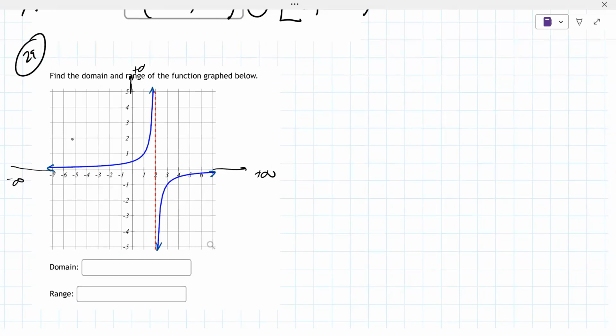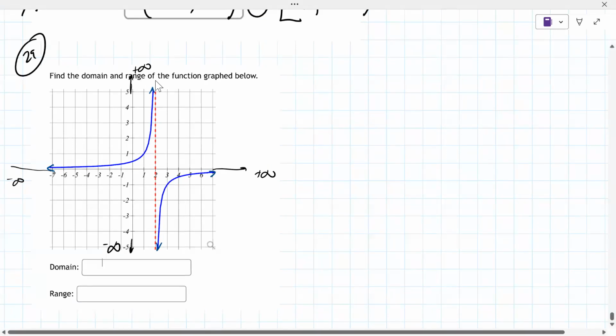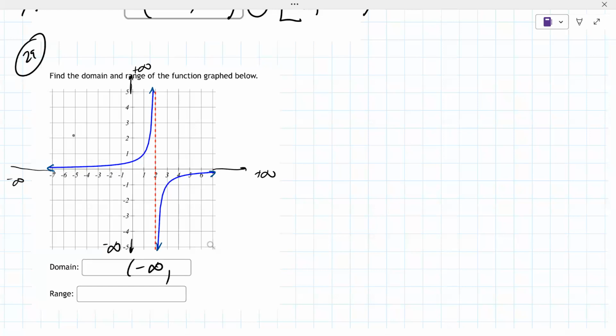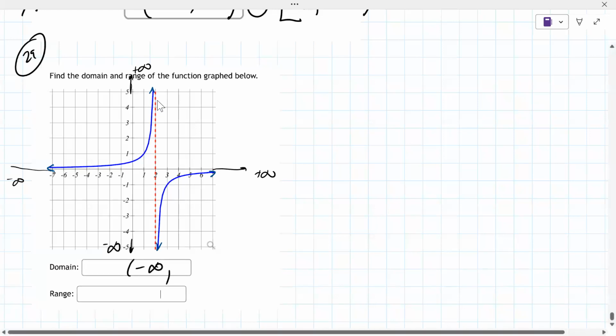This goes up to infinity, this goes down to negative infinity. So how far left is this going? Negative infinity. Now, it's broken apart here by this red line. What is the x value at that red line?